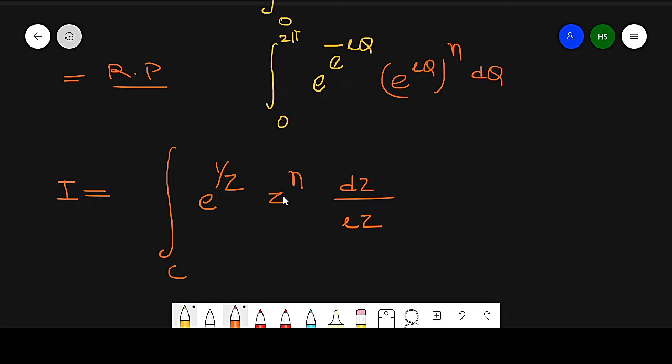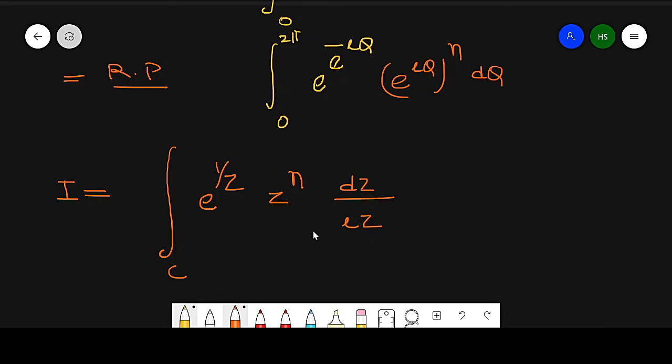This is the first way. Also, I write it as e raised to power 1 by z, and here z raised to power n minus 1, and z equal to 0 is the singular point.